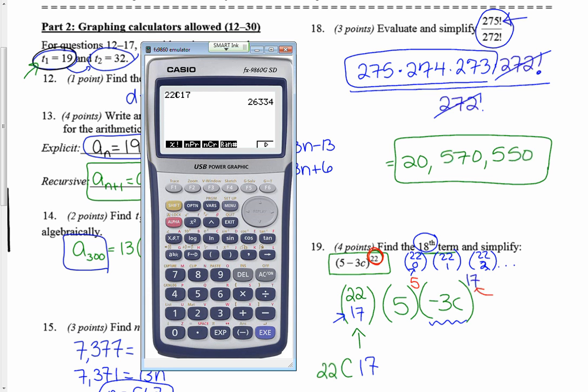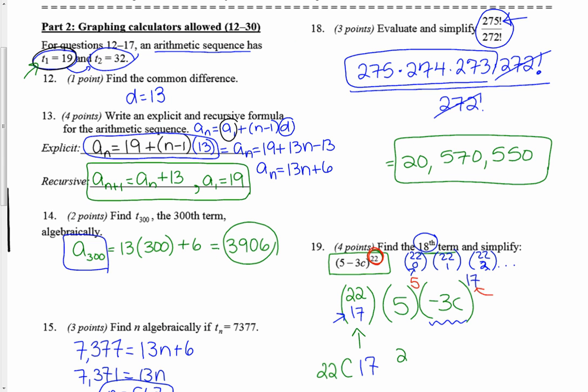26,334. So let me write that down. This was 26,334. Then I need to do 5 to the 5th power, and I could do that on my calculator. 5 to the 5th power is 3,125. And then the last one here, I'm taking this whole negative 3c to the 17th power.